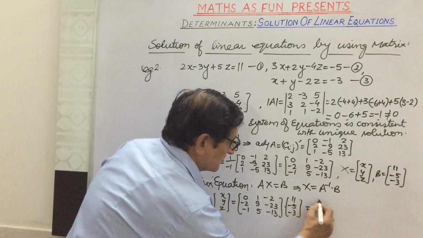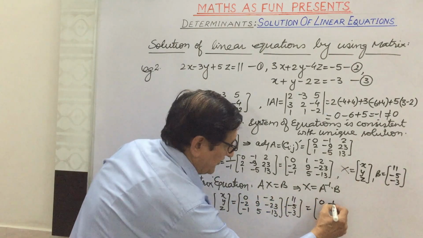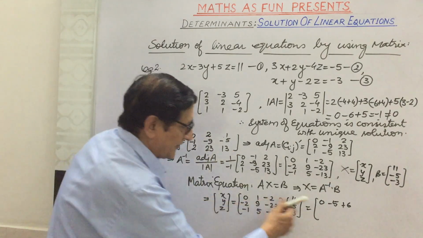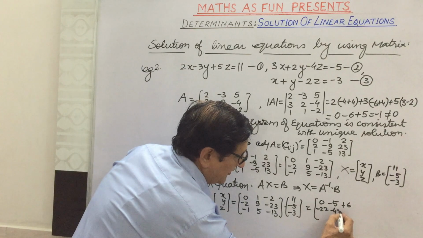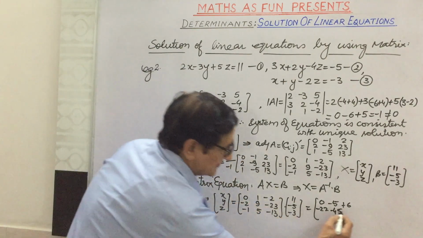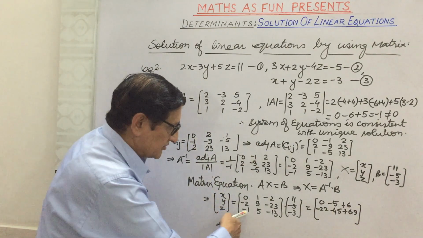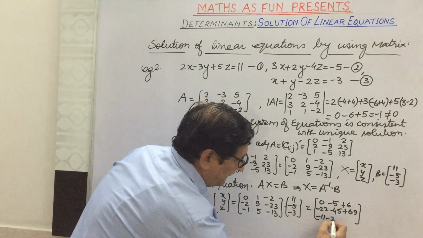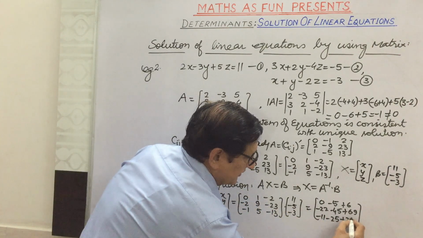Finding the multiplication, we are getting here 0, minus 5, plus 6. This is minus 22, minus 45, plus 69. And this is here minus 11, minus 25, plus 39.